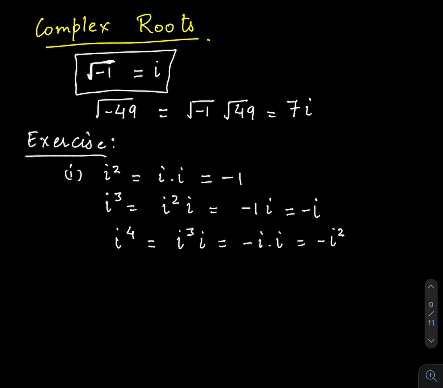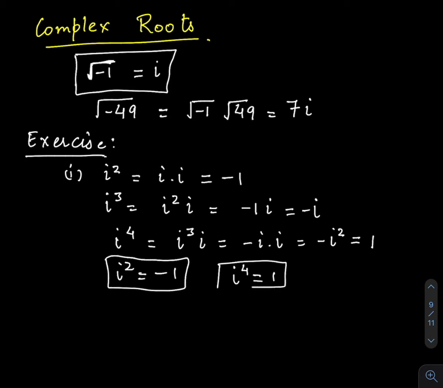So we have -i squared, and i squared is -1, so we get 1. Two things we can take out from here: i squared is -1 and i to the power 4 is 1, and basically any power we can calculate with the help of this information.